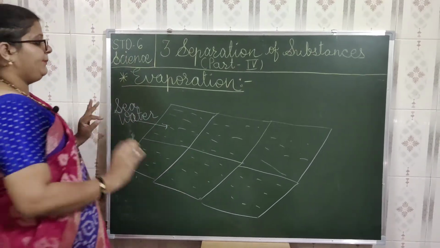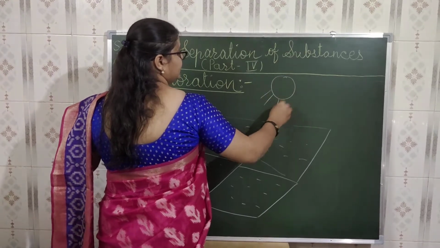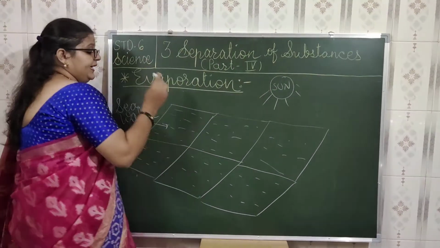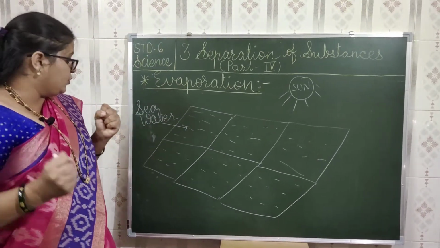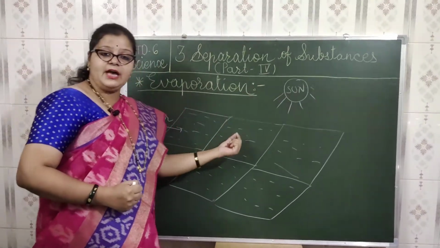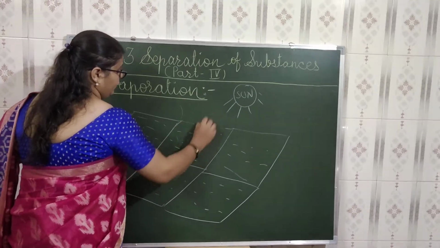Now what is going to happen? Due to the action of the sun, this water is going to get heated. Eventually, due to the heat of the sun, this water is going to turn into water vapors.